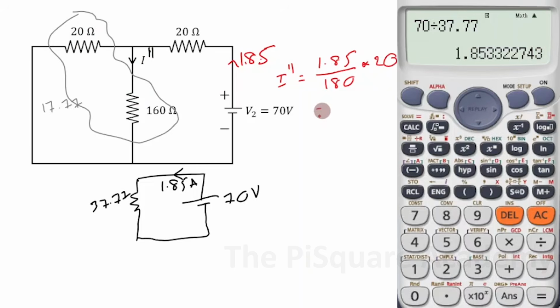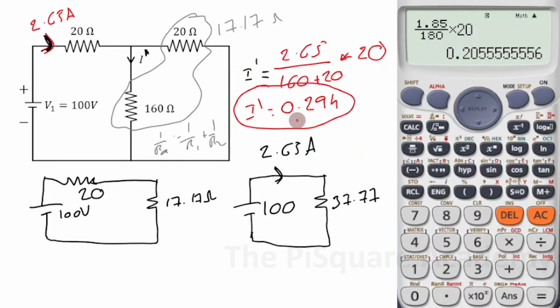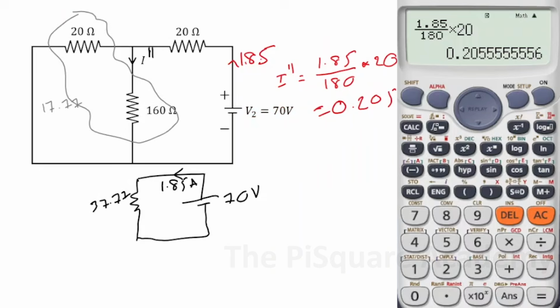Now let me use the calculator: 1.85 by 180 into 20 gives 0.205. All are positive values. Previously also I got positive, so this is also positive.